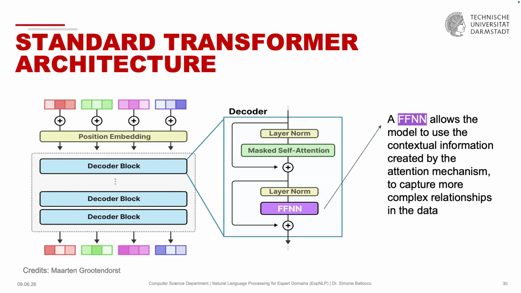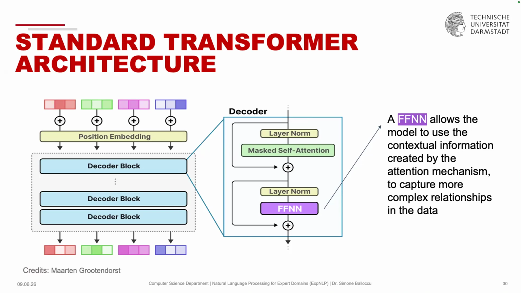So let's now look into where we would put these experts into the transformer architecture. The vanilla transformer architecture looks like this. You have your input tokens, then you add positional embedding to it, and then you feed it into the decoder blocks.